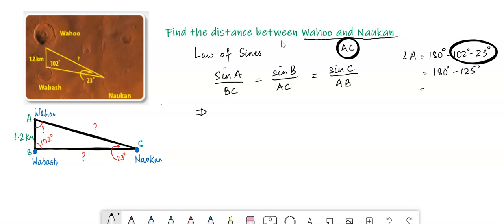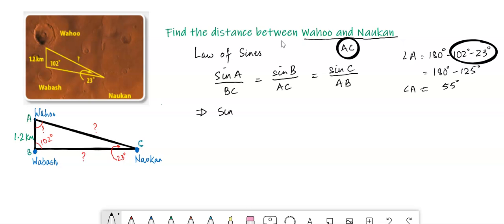Now what is 180 minus 125? If you do 130 plus 50, that is 180, and you have to add 5 more, so that is equal to 55 degrees. So basically we've got angle A, which is equal to 55 degrees.